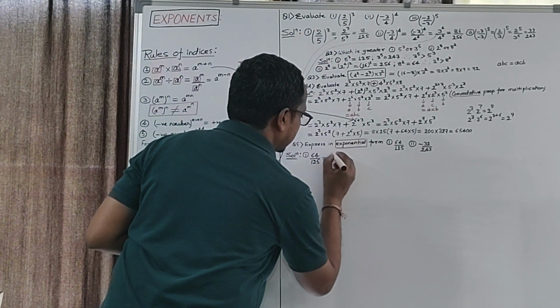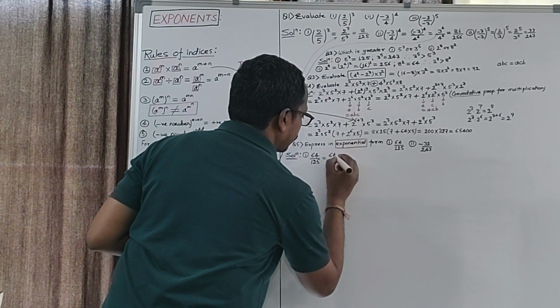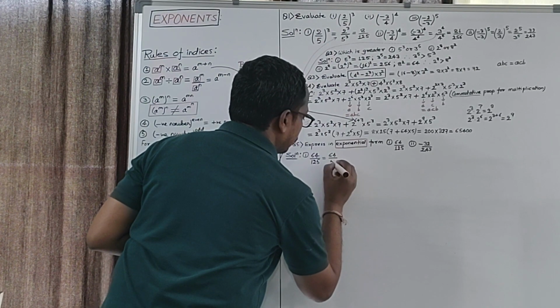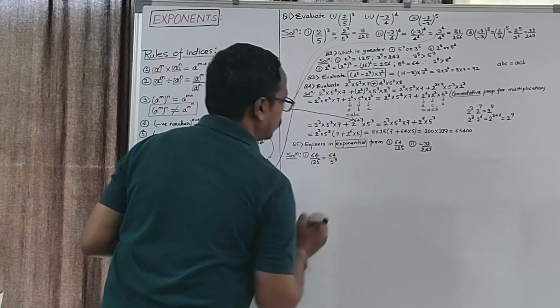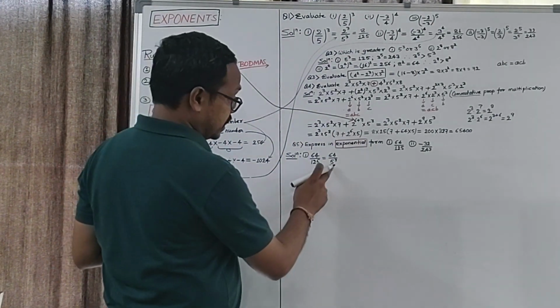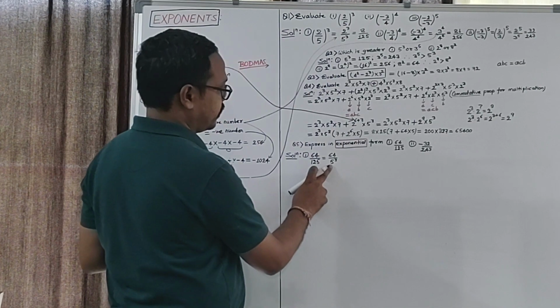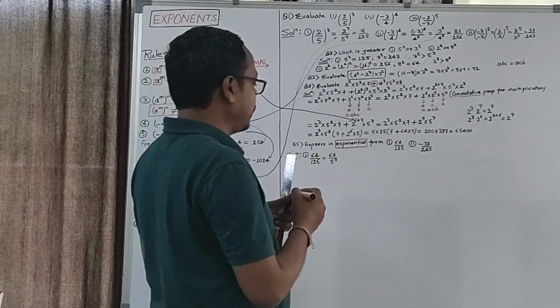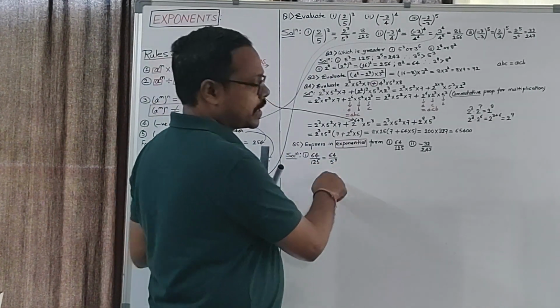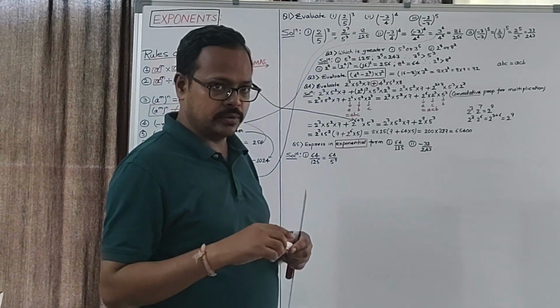So I will write it as 64 over 5 cube. If I have written it in this way, I cannot go below 5, because 5 itself is a prime number which cannot be factorized further, right?